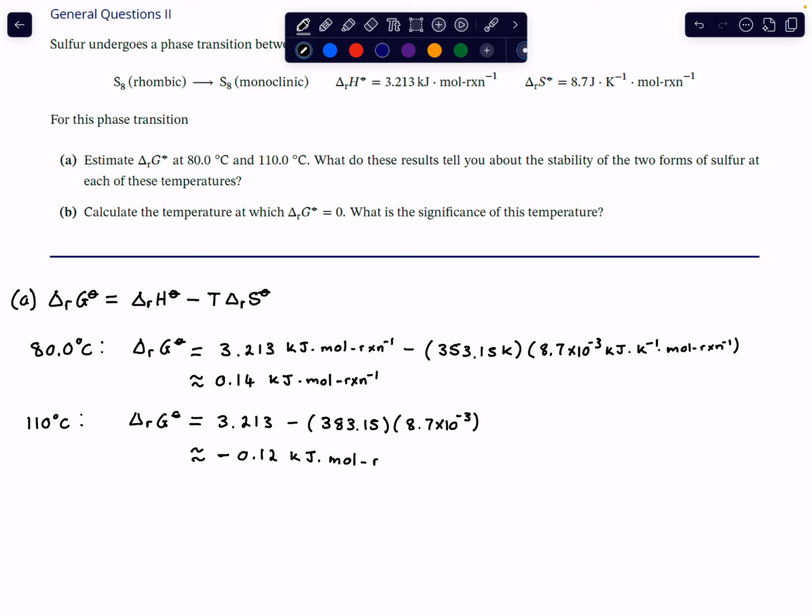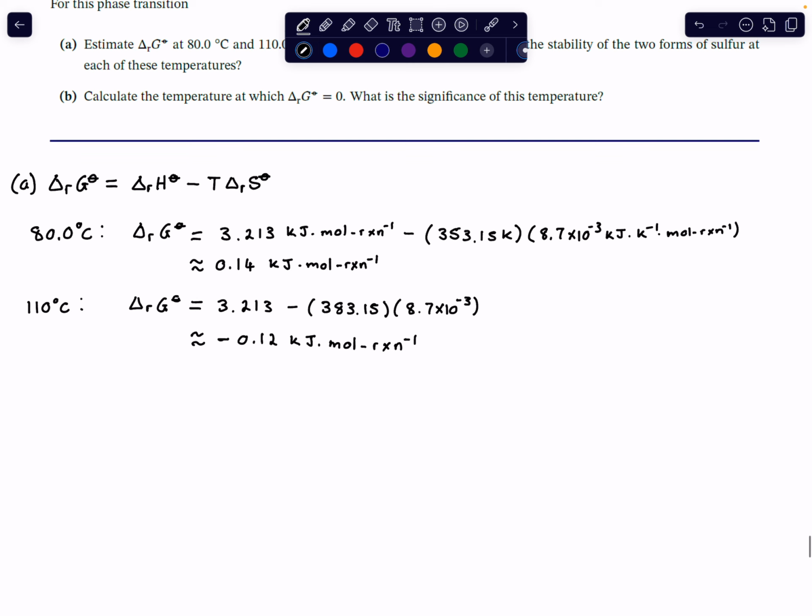So what do you notice? Well, at 80 degrees Celsius, we have a positive Gibbs energy of reaction. And when the Gibbs energy of reaction is positive, that means we have a reactant favored equilibrium.